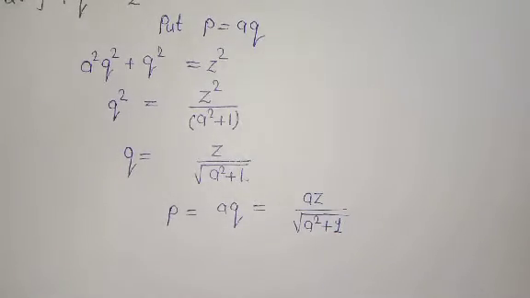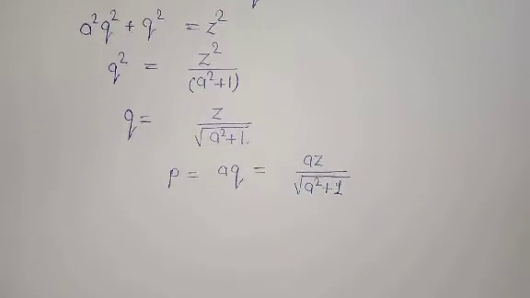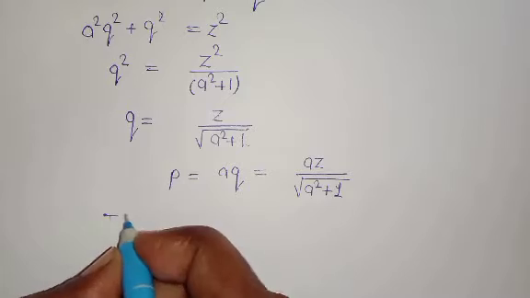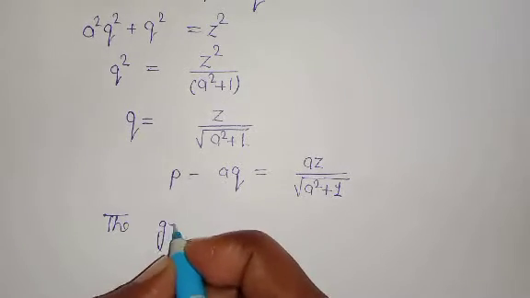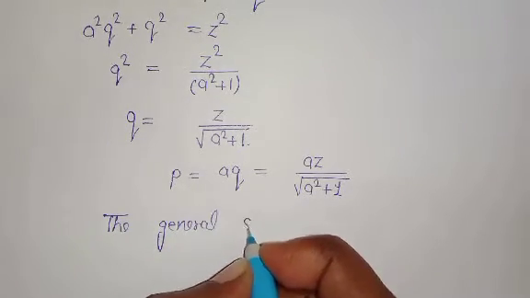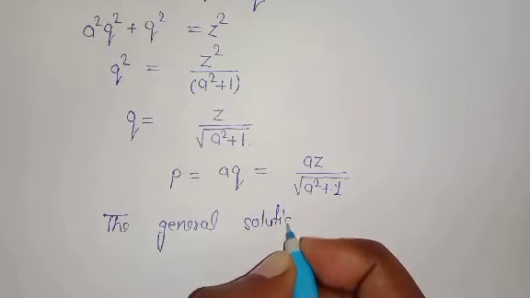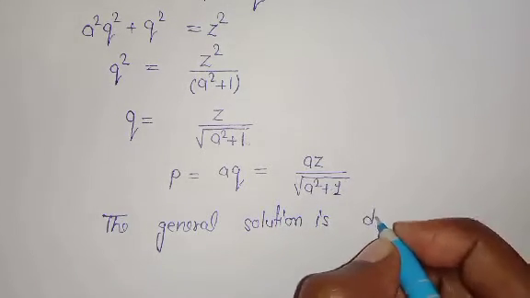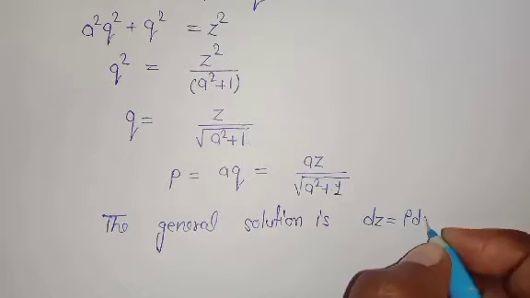Now we have the values of p and q, so we can easily write the general solution for this equation. So the general solution is dz is equal to p dx plus q dy.